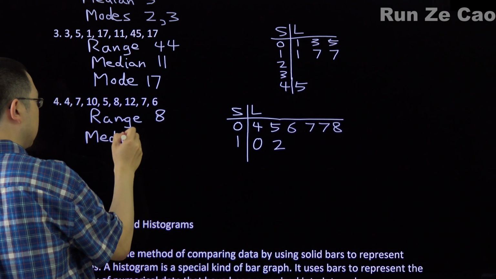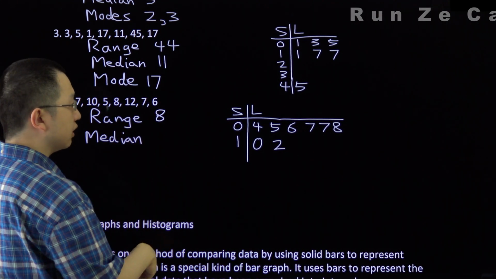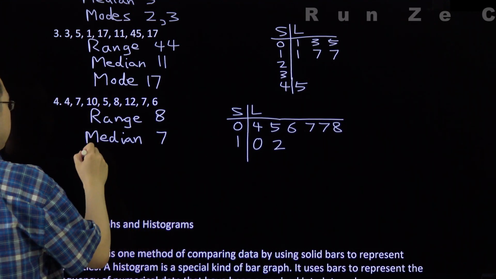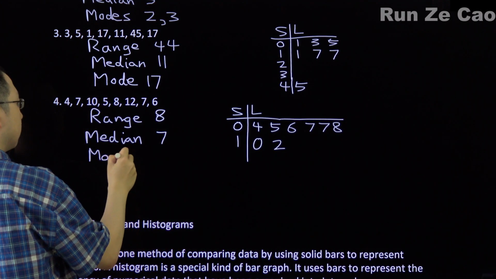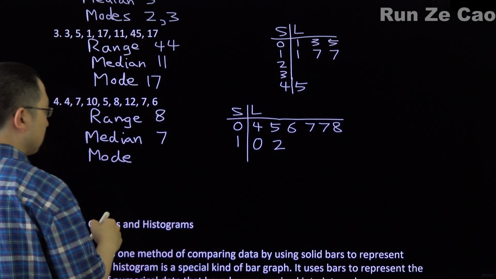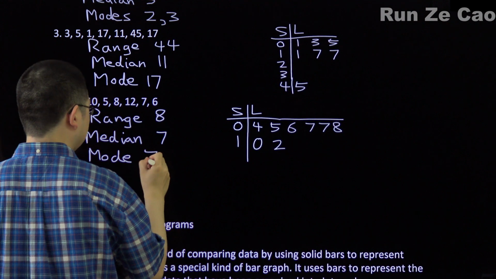Median, the average of the 4th and 5th ones, which in this case means 7 and 7, so it's 7. And the mode is, well, there's 2 7s and there's not 2 of anything else, so mode is 7.